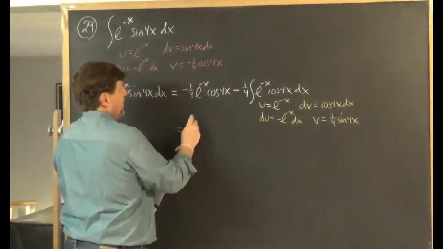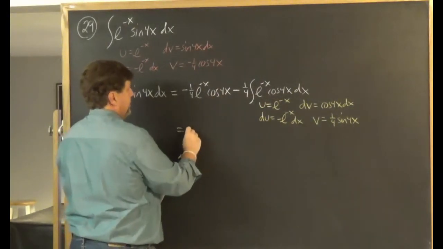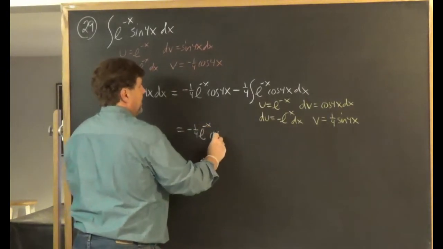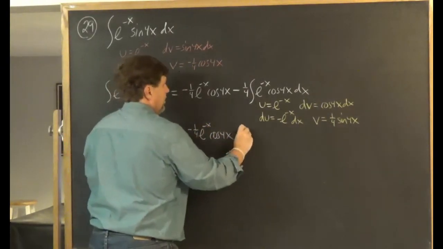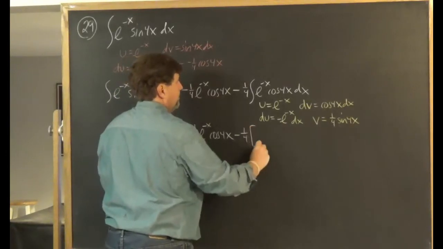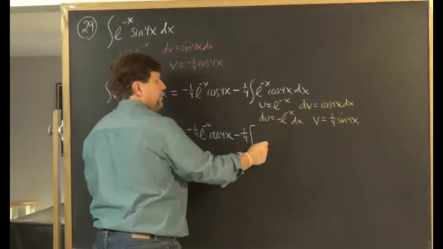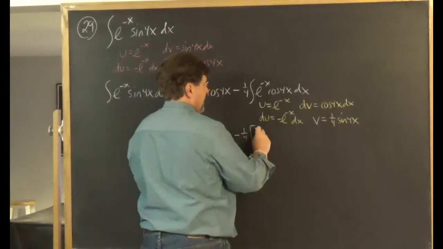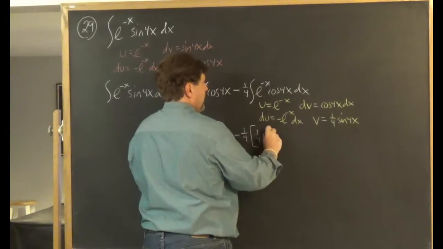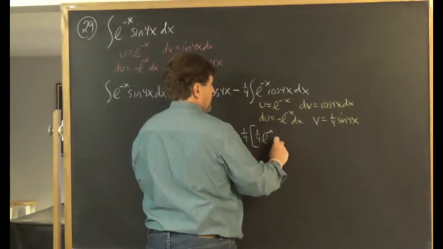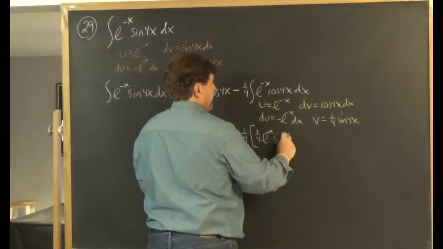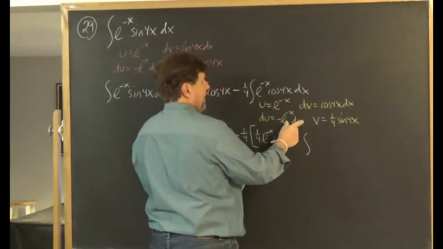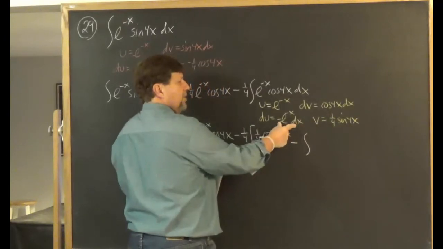So let me pull this down. Negative 1/4 e to the negative x cosine 4x minus 1/4. Okay, I'm going to put the result of integration by parts inside square brackets. So I have a u times v, that's 1/4 e to the negative x sine 4x, minus the integral of v du.